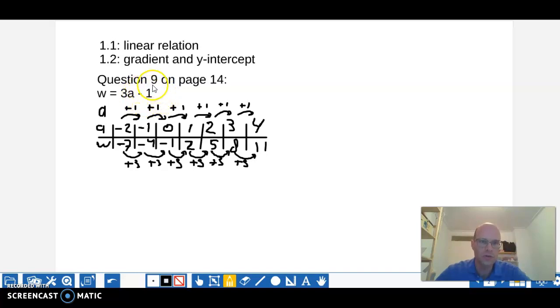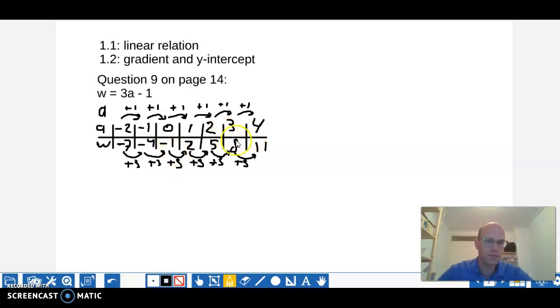This number, which is the same number with which it is increasing all the time, is called the gradient. The gradient is how much you go up if you go one to the side, and the y-intercept is where you intercept the y-axis when you have 0.